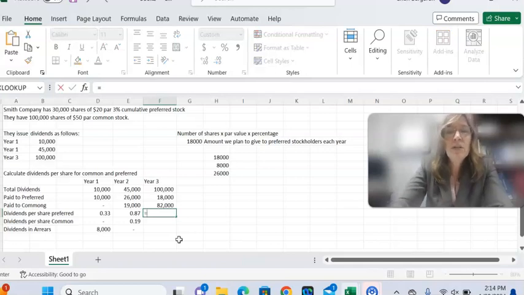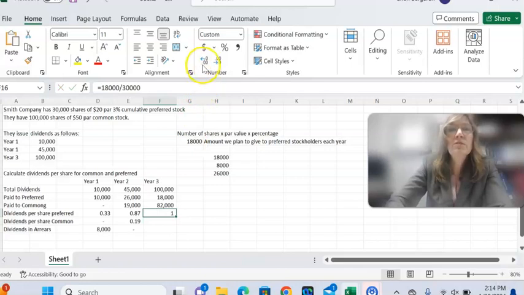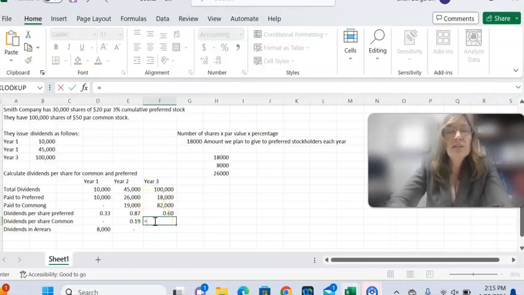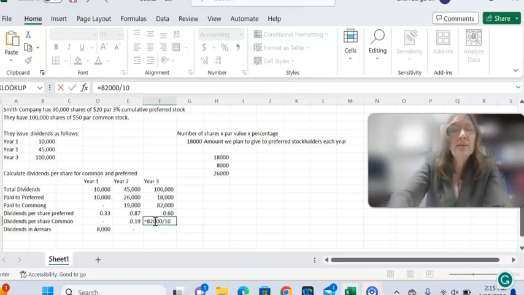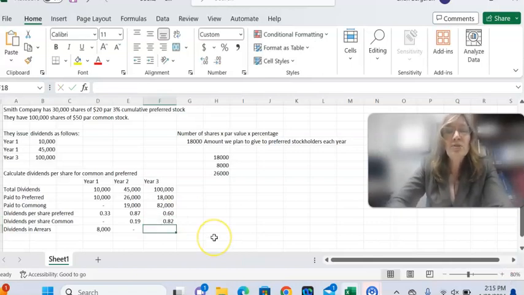So for preferred, it'll be the 18,000 divided by the preferred number of shares, which is 30,000. Let's give it some decimals so we can read that number. 60 cents per share is how much they'll get. And then the common, well, we gave the common stockholders 82,000, and we'll divide that by 100,000 because that's how many shares of stock we have for those. And so that's 82 cents.